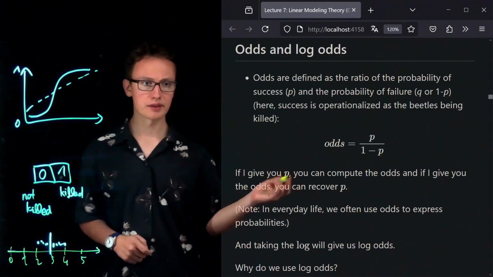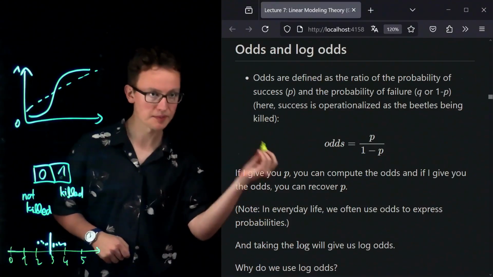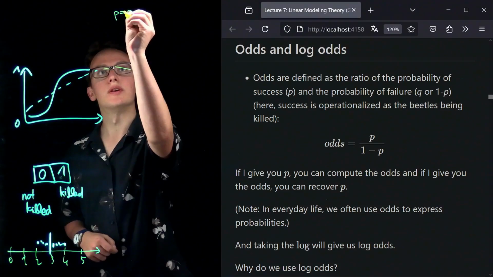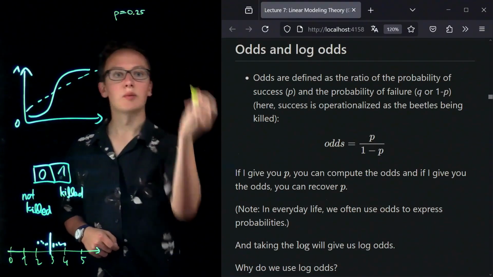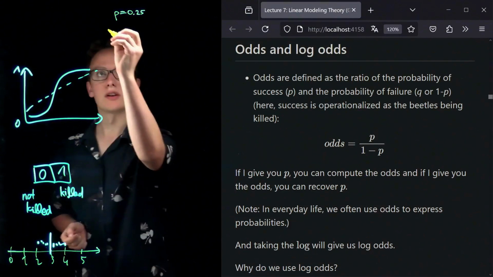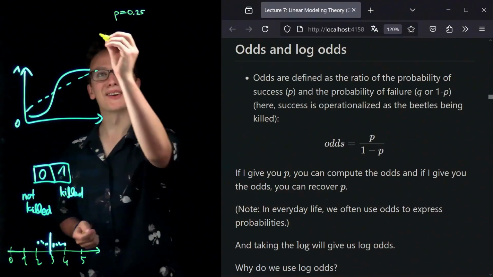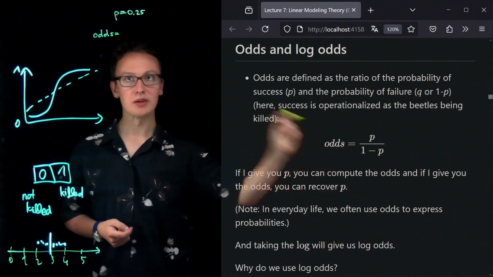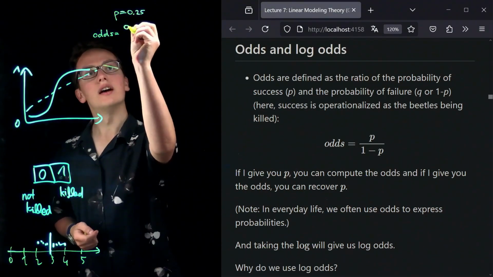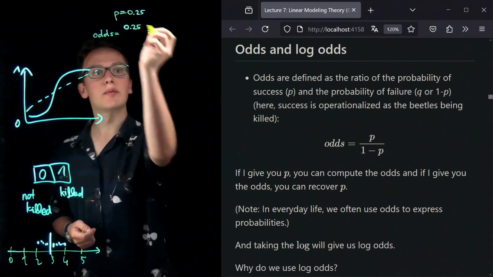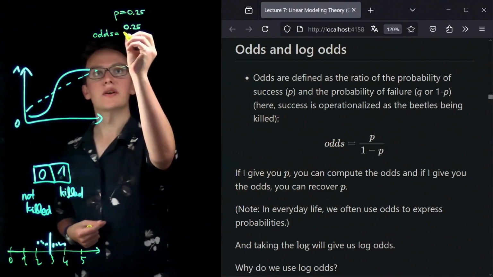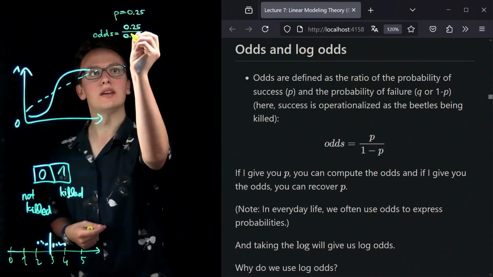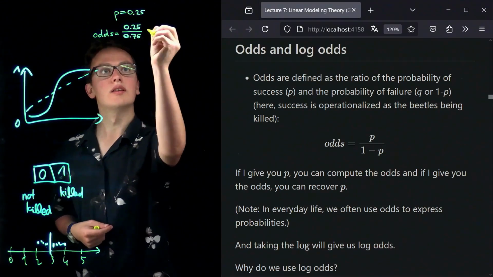If we have a probability of 25%, so p is equal to 0.25, then we could compute the corresponding odds by saying the odds will be equal to 0.25 divided by 1 minus 0.25, so 0.75, and this will give me 1/3.